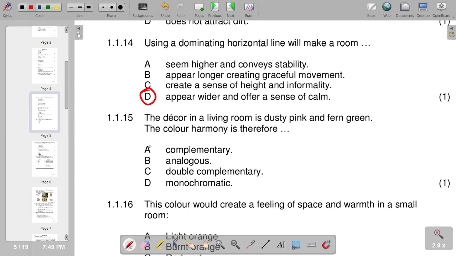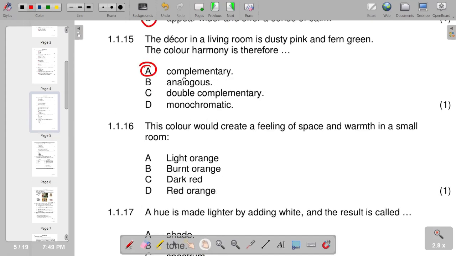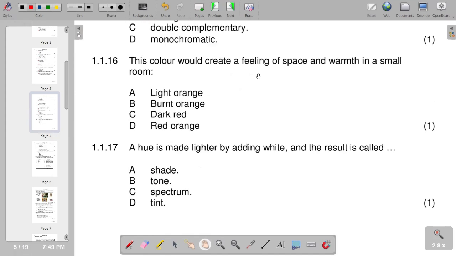So we have A. Number 16. This color would create a feeling of space and warmth in a small room. That is light orange. A hue is made lighter by adding white, and the result is called a tint. So we have D on number 17.